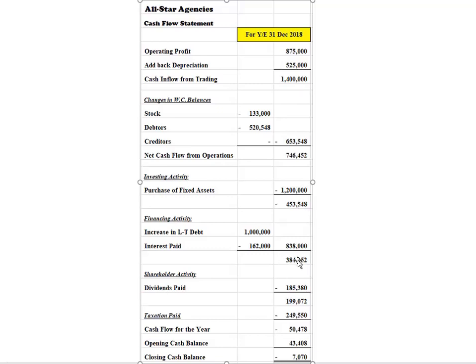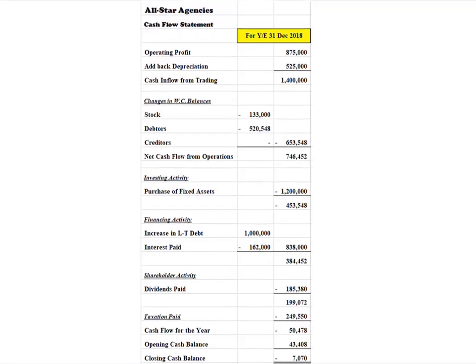Accountants love their subtotals. All right, I don't think there's much value in the subtotals. I really want to see just the transactions that have caused the change in cash flow, but that's just a personal preference.